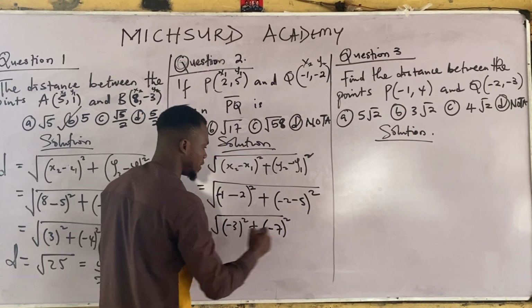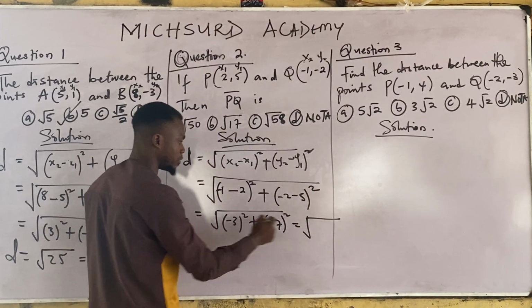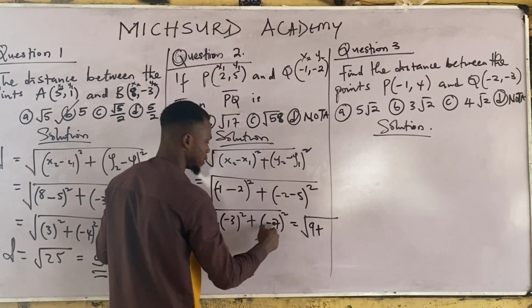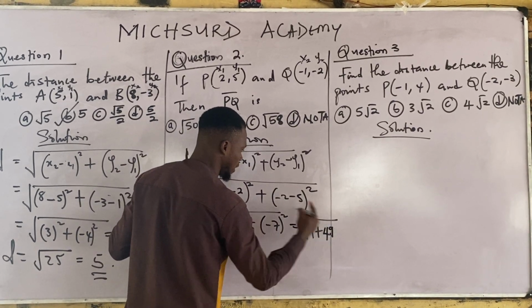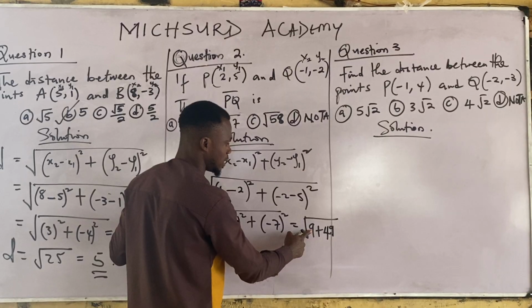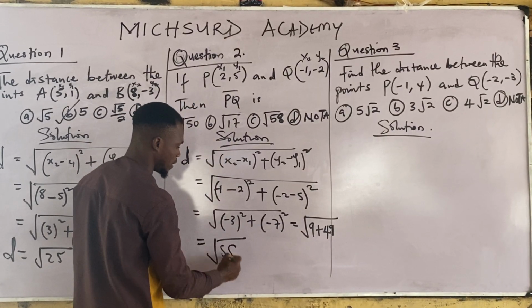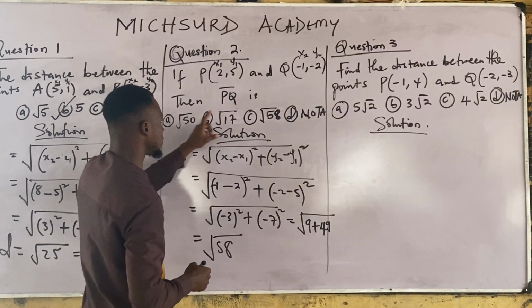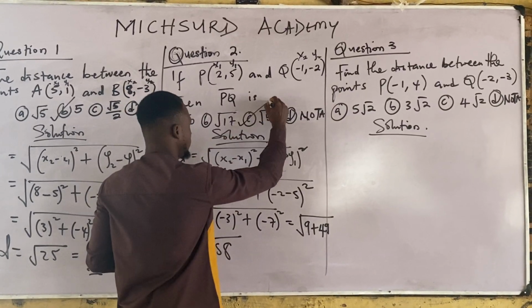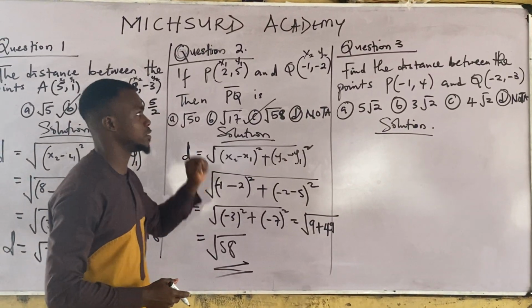Minus 3 squared will give us 9 plus minus 7 squared will give us 49. Adding 49 and 9 will give us 58. So we have square root of 58. The correct option here is C, square root of 58.